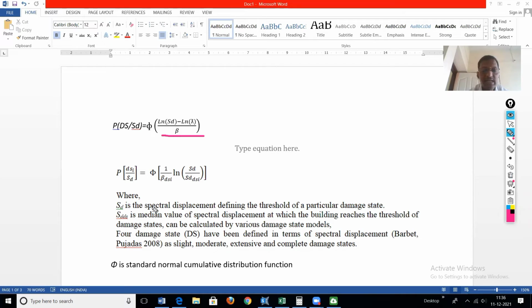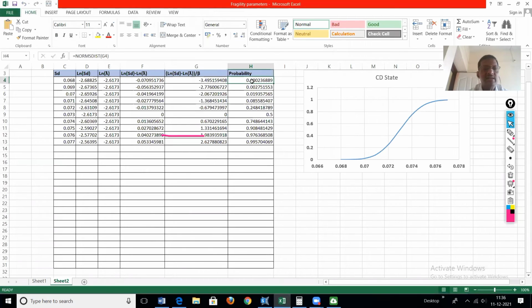What is phi? Phi is the standard normal cumulative distribution function. So whatever the answer of this is, you just take its normal distribution. In Excel there is a command, you just click here. You equate to NORMSDIST of this particular value and you will get this value. Similarly NORMSDIST of this value gives this.